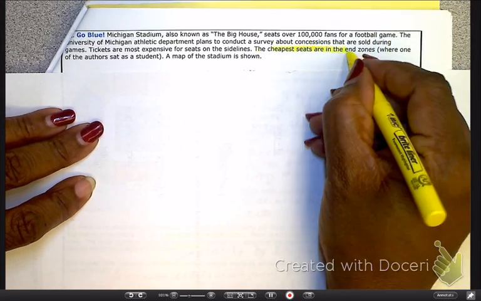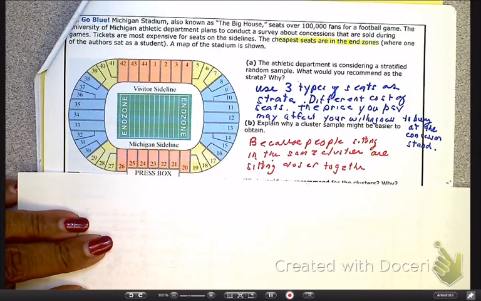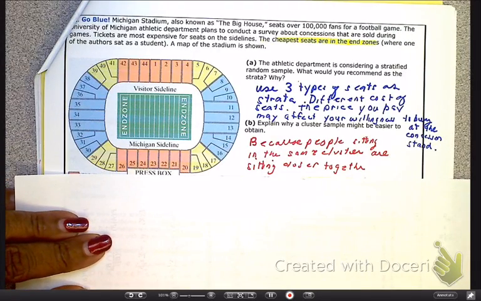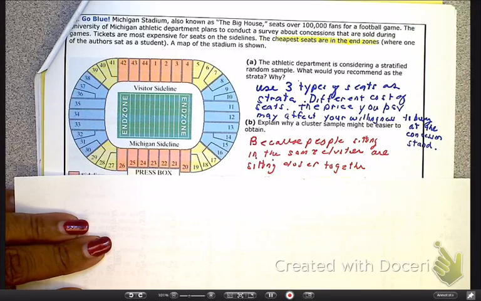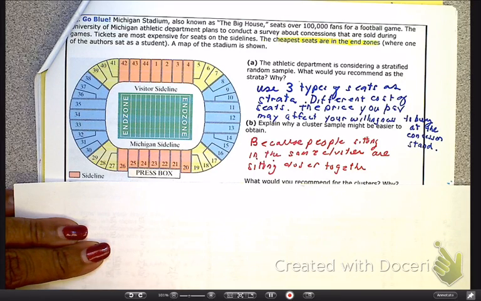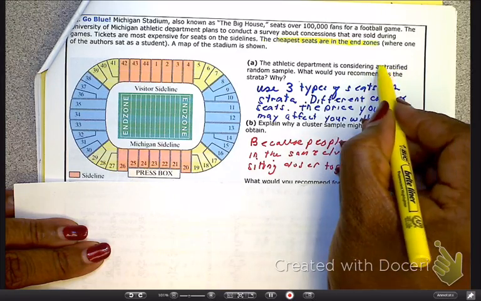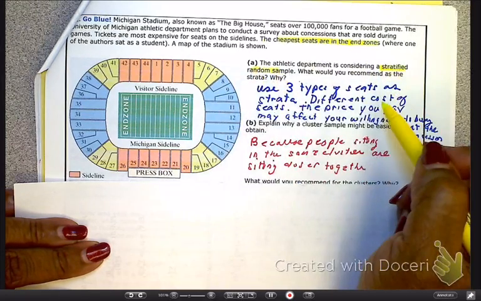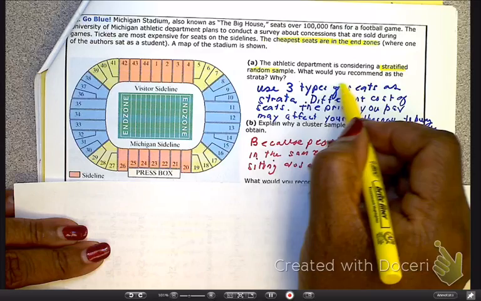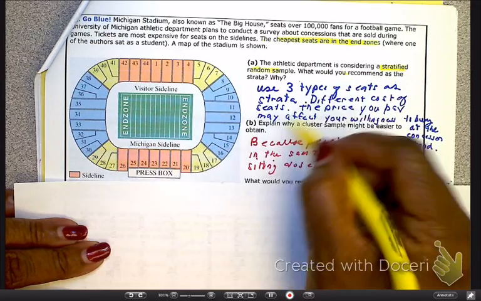And the bottom line is, if you've been to a concert or a play or something, different colors let us know it's different prices for seats. So here, the athletic department is considering to stratify. Okay, why would you recommend this? Would you recommend it, and why? And here you can see we've got 3 different colors going on.